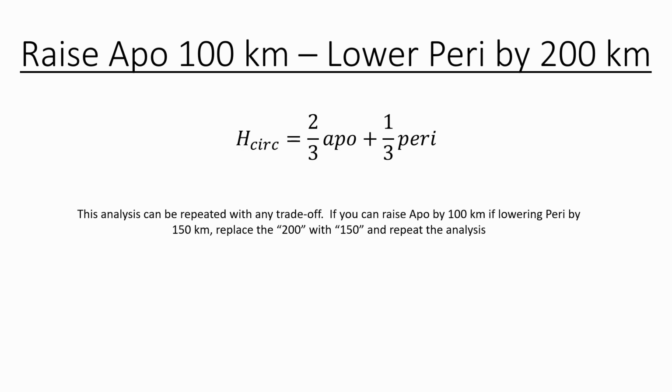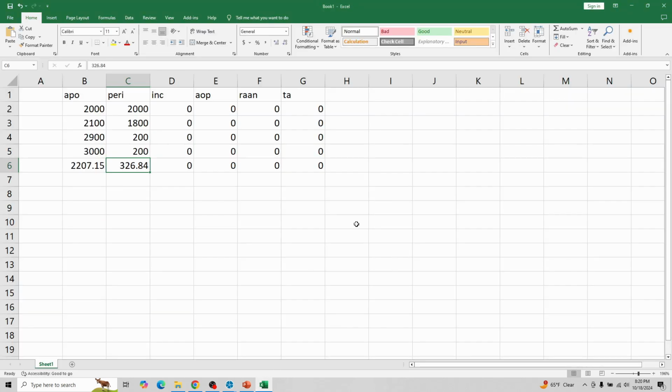Okay, now that we've got that, we know that our equivalent circular orbit should be equal to 2/3 times our apogee value plus 1/3 times our perigee value. Now that I've done that work, I can come in and do the following. I'm going to call this equivalent circ. This is the altitude of our equivalent circular orbit. I'm going to teach my spreadsheet the equation we just derived.